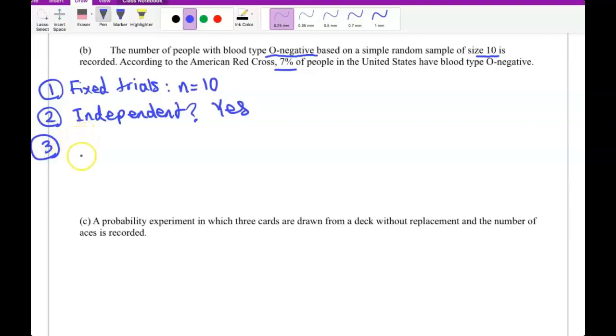Then what are our outcomes? We have 2 outcomes: having blood type O negative or not having that blood type, so O negative or not O negative.